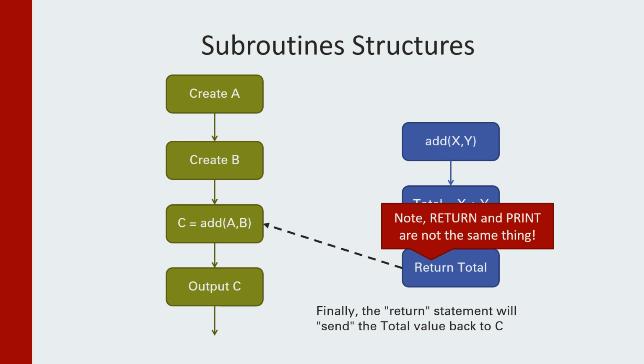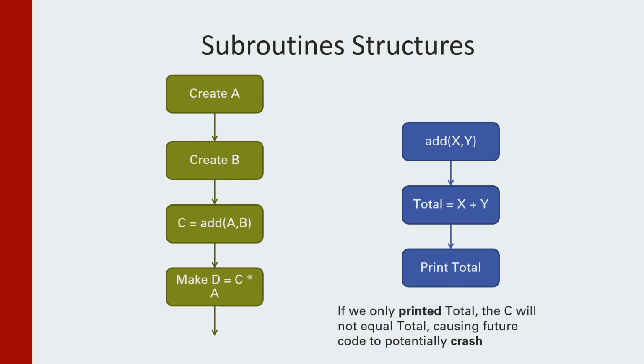Some things I want to point out. A method has what's called a return. I mentioned that the return statement will send the total value back to C. It's so that C is assigned whatever the output of the add is. It's not the same thing as printing. Now, finally, because the value of A plus B is saved in C, we can do more calculations.